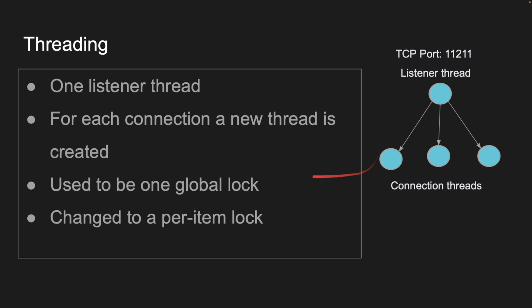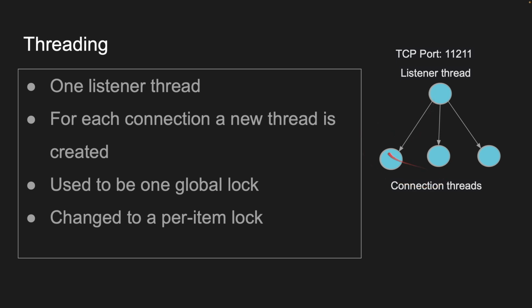But here, if one user sends a request to get a key, and another wants to write, they can happen at the same time. This thread will read and that thread will write. They are different processing. This could be in one core, and that could be in a completely different core. Versus with one thread, it becomes really a problem. So we had to go with multiple threads.